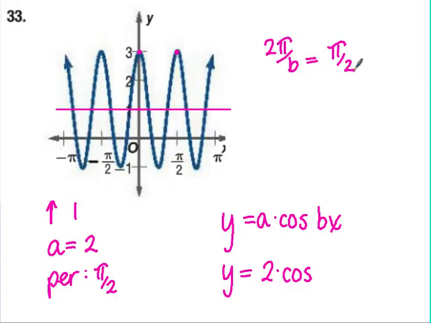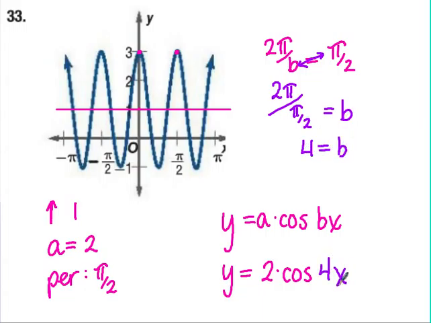The easiest way to do this, switch those. So really, 2 pi divided by pi over 2 equals b. So basically, it's 2 divided by what fraction? 1/2. Yeah. So what is 2 divided by 1/2? 4. So I'm going to plug 4 in here for x.